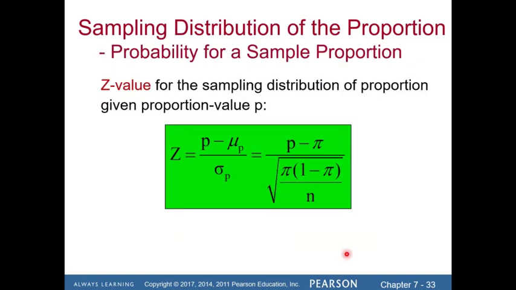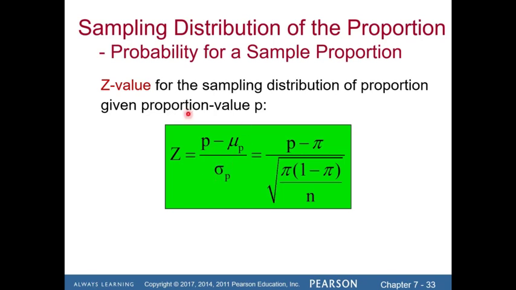So once we have the formula for the mean of sample proportion and the standard error of sample proportion, now we need the last formula, which is the z-value for the sample proportion. This is the formula to calculate the z-value, which is the sample proportion minus the mean of sample proportion, divided by the standard error of sample proportion.